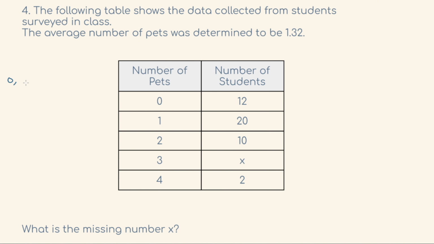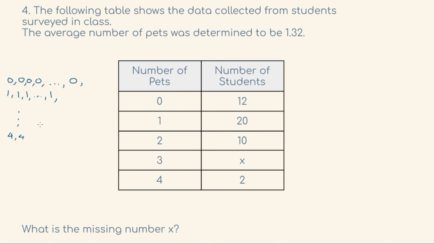You ask the second student and they've got 0, and 0, and 0. And you do that and you get 0 12 times. Then you ask another student, they go, I have 1 pet, and 1 pet, and this goes on 20 times. And then you do that for your entire table until you get to the 2 students who have 4 pets.